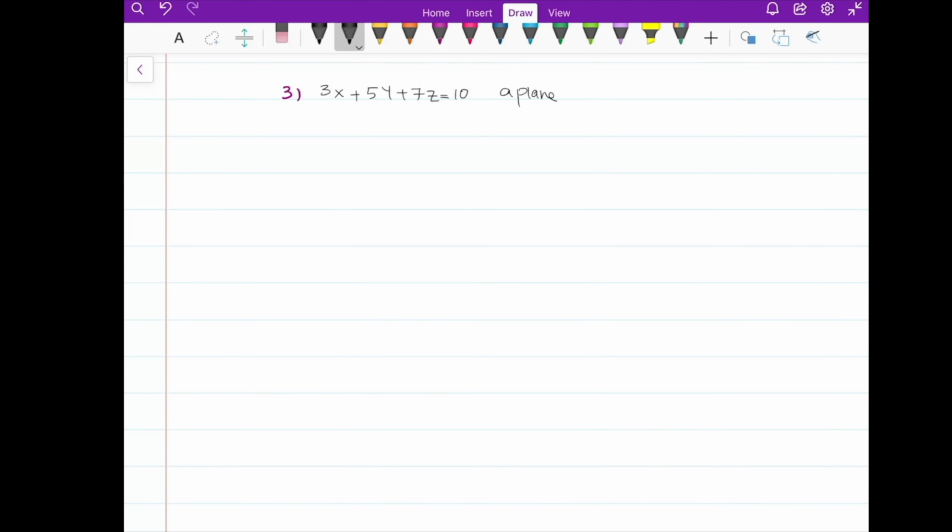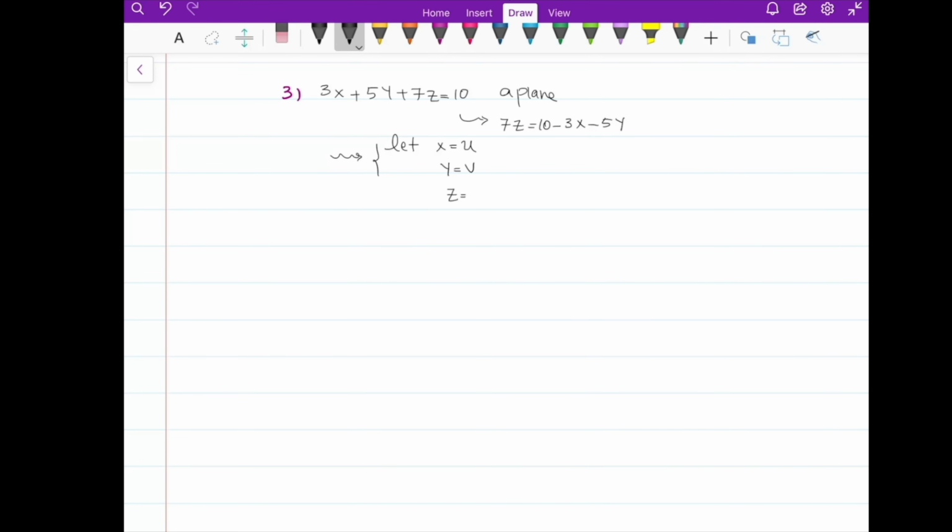For parameterization of the plane, I'm going to let x be my first parameter, y be my second parameter, and then z would be a function of x and y. So let's isolate z from here. 7z is equal to 10 minus 3x minus 5y.